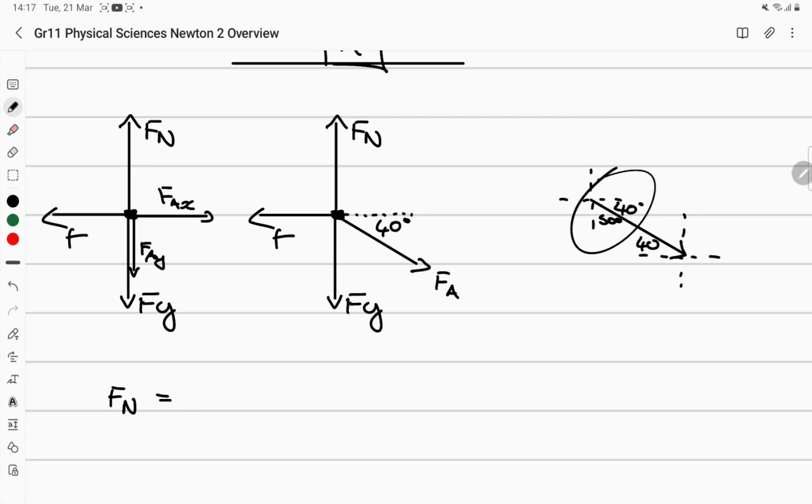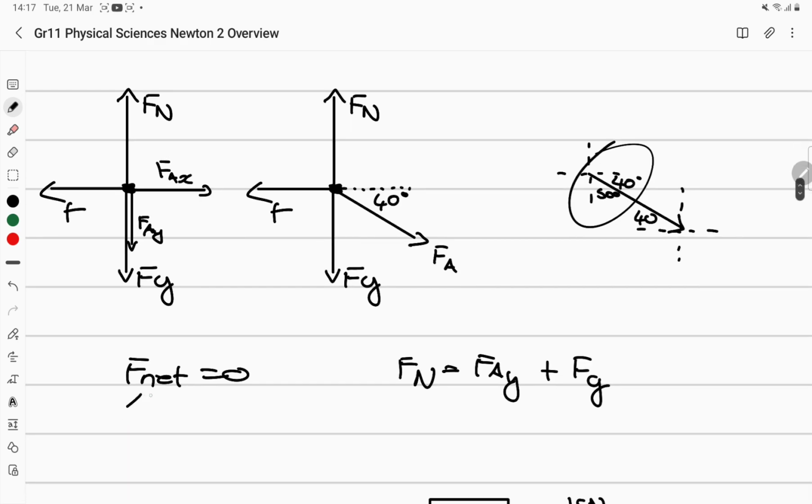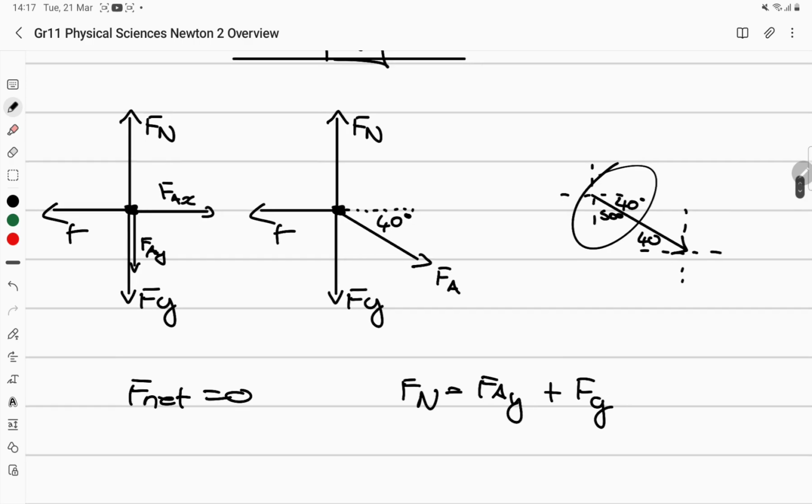So therefore we can just assume, oh, you can just actually just do this. I'll show it both ways. F net is 0, because we know that F net is 0, we can say Fn is equal to Fay plus Fg. Break this up into its components here. Let's just take up as positive in this case.